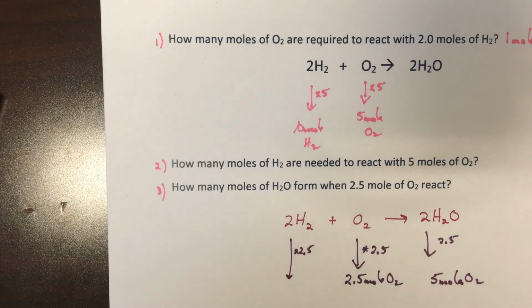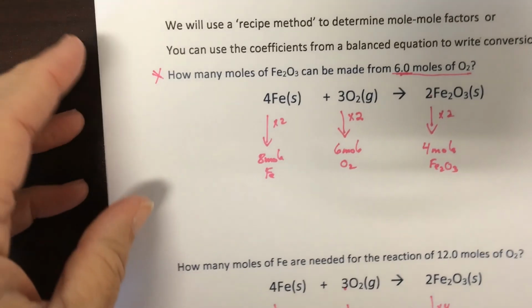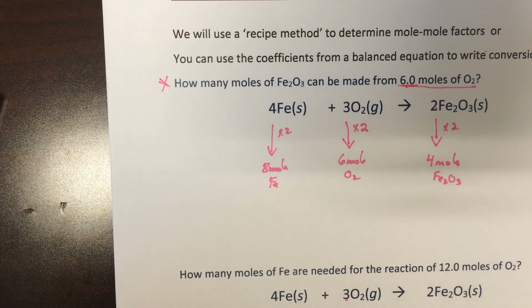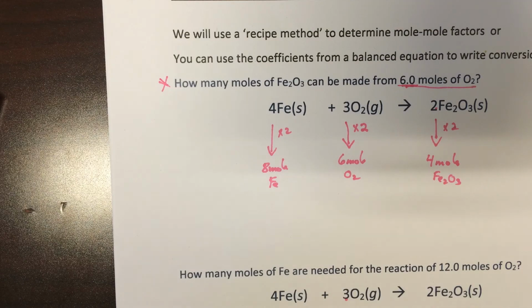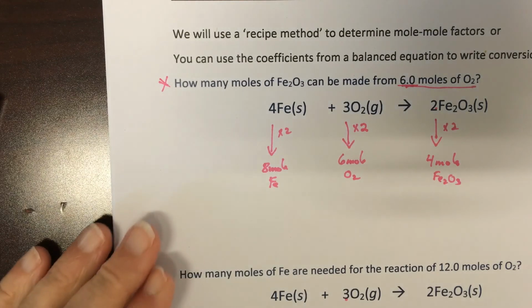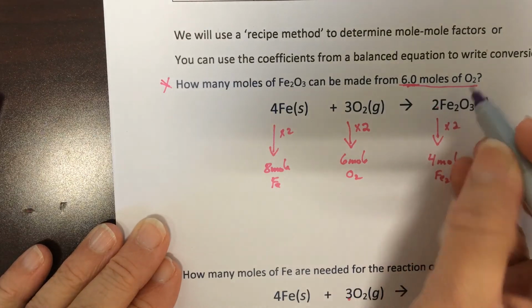There is also another method, and I want to take the time to go back and show you how to work the other method. The other method uses the coefficients from a balanced equation and conversion factors. So for this first one, we're given the 6 moles of O2.